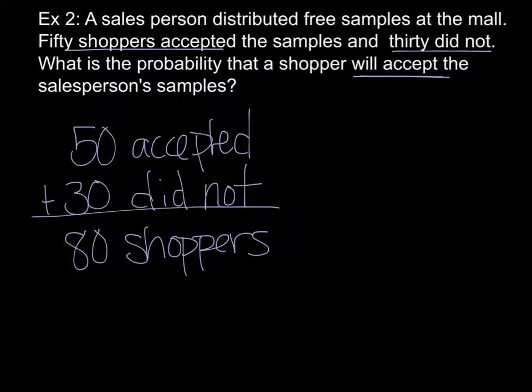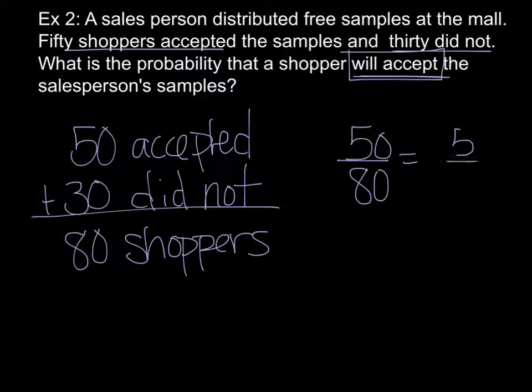So this is our total number of trials. And remember from the beginning, the total number of trials goes on the bottom part of our ratio. The top part of our ratio is always the part that we want. Well, we want how many will accept. 50 out of the 80 that walked by accepted this. We reduce this down so it's easier to comprehend. When we do that, it becomes 5/8 of the shoppers will accept it. That's our probability that we're looking for.